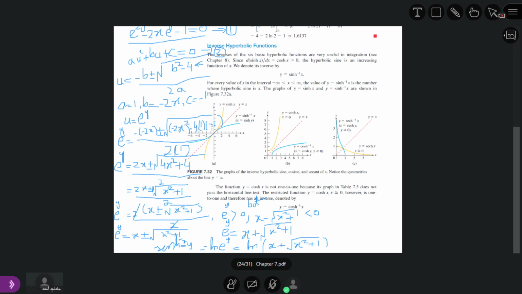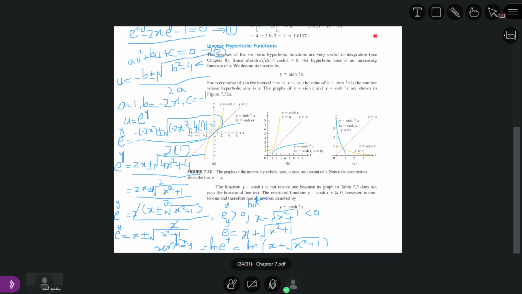So if I change here, and I ask you what is cosine hyperbolic inverse x, otherwise here I can ask you. If you want to take a picture, you can take. This is the solution, student.